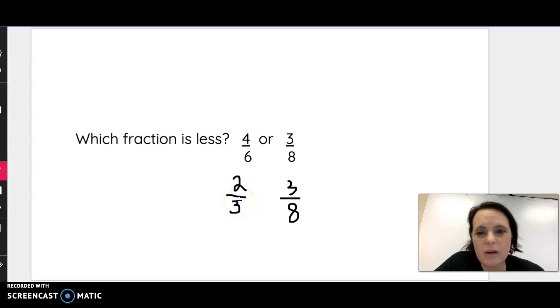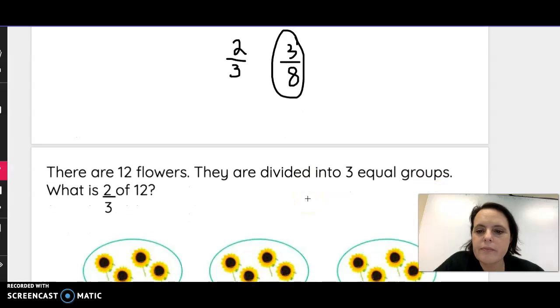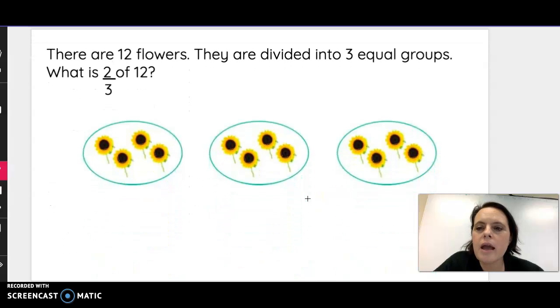Half of 3 is 1 1/2. Half of 8 is 4. So this is more than half, and this is less than half. So 3/8 is less.